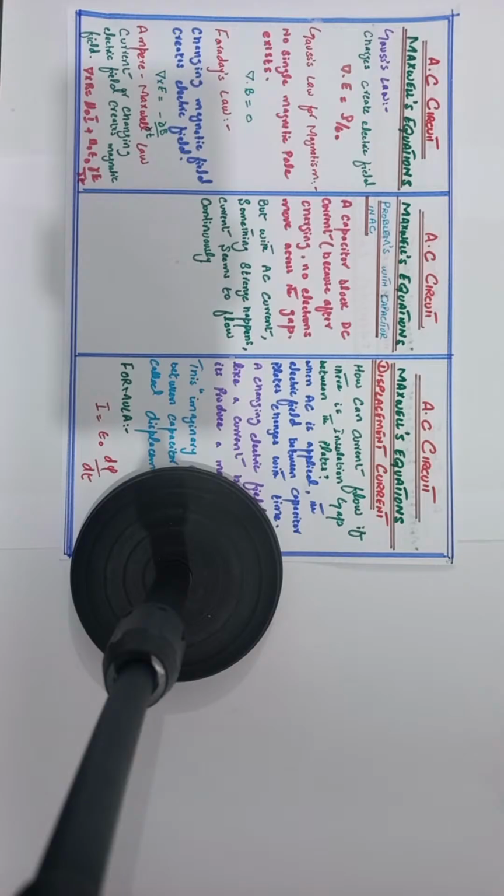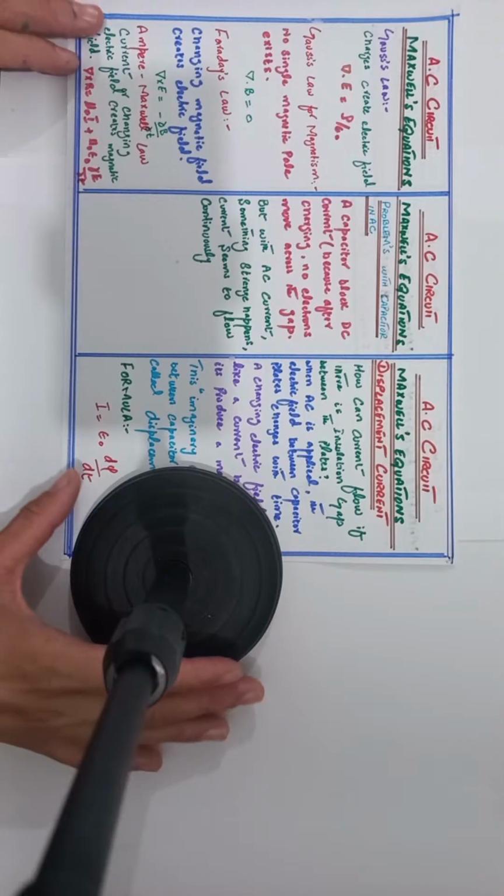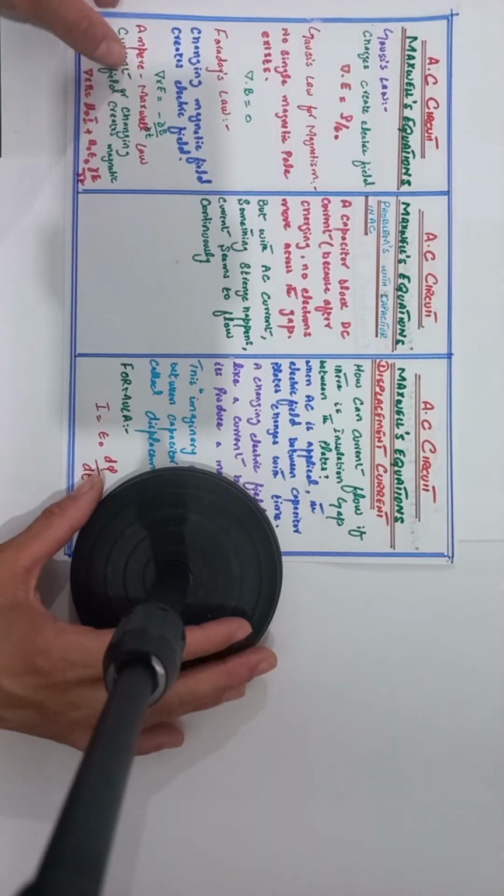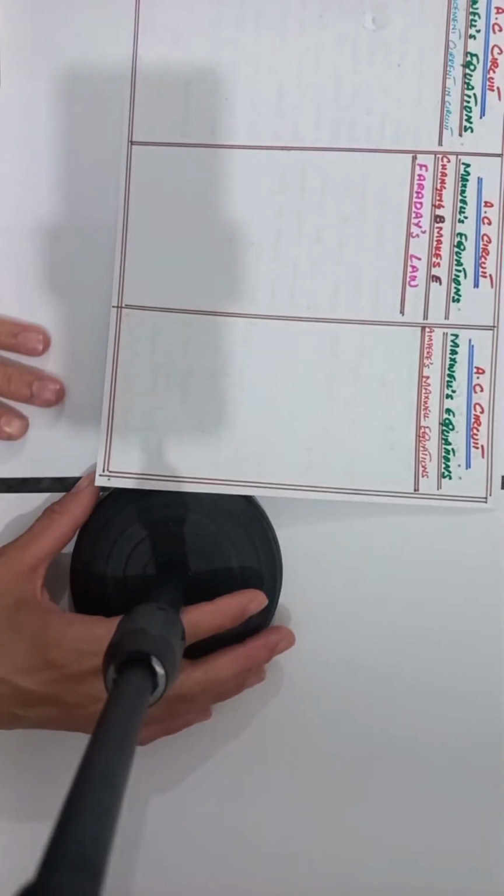Then we discussed that a changing magnetic field always creates an electric field, that is Faraday's law. Then in the last we discussed the Maxwell contribution in the Maxwell equation. That is all we discussed today. Now move to the second topic.